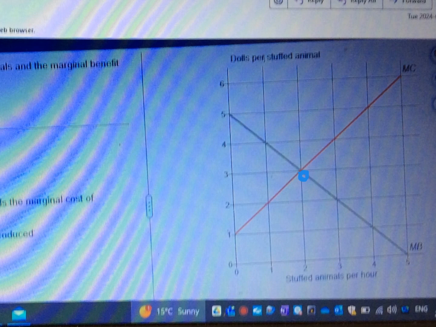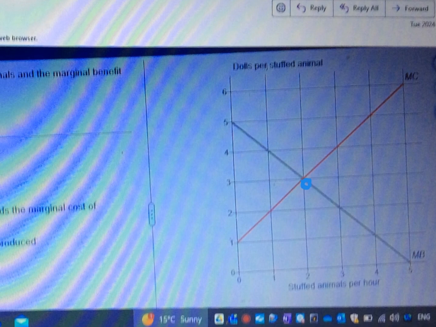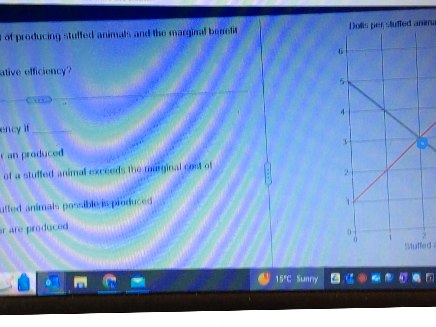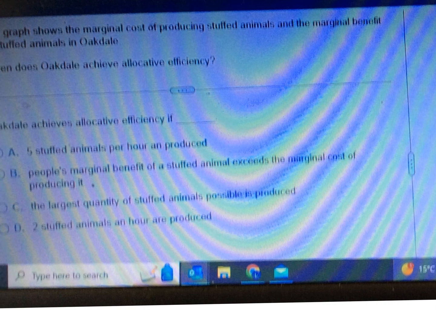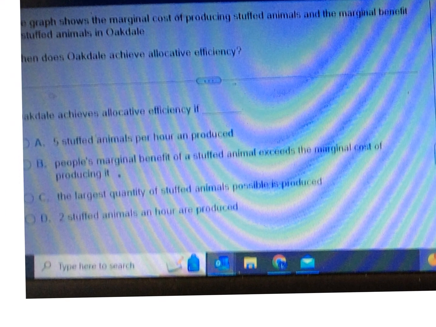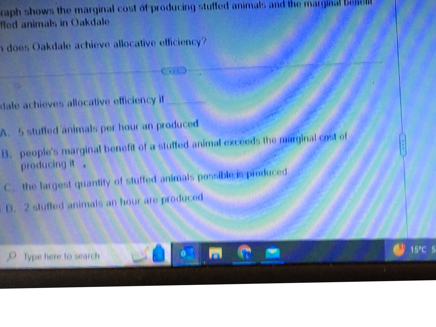Where those two meet is at the point 2 and 3, and so that would be the solution that you're looking for in that question, I believe. Again, I'm just guessing at the theory, and 2 stuffed animals per hour are produced as one of the answers that's possible here, and I think that's probably the answer you're looking for.